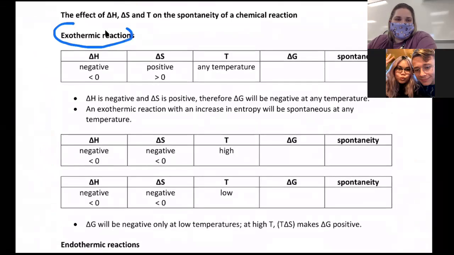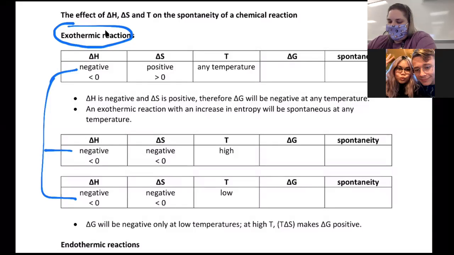So exothermic, remember all exothermic reactions have negative delta H's. So in the first section, delta H is negative for all of these, less than 0. What changes is the delta S and the temperature. If I look at this one, delta H is negative, delta S is positive, meaning it's bigger than 0.